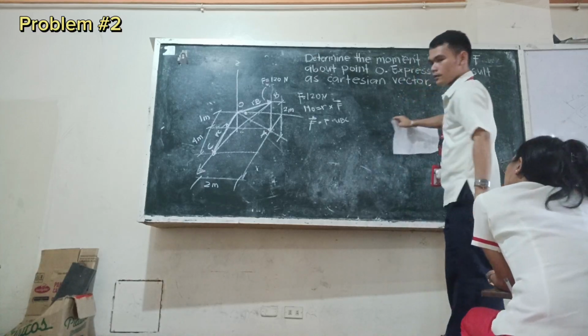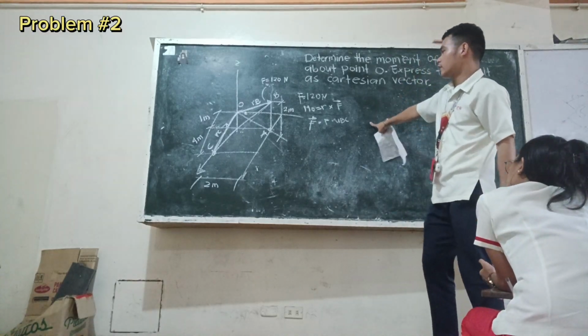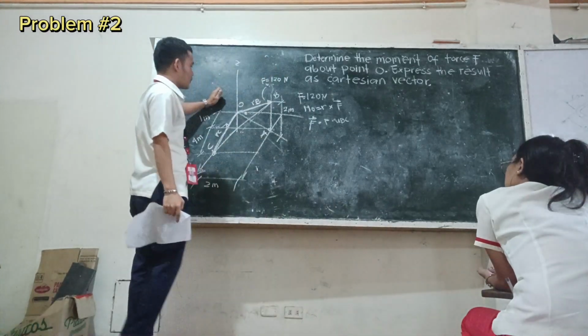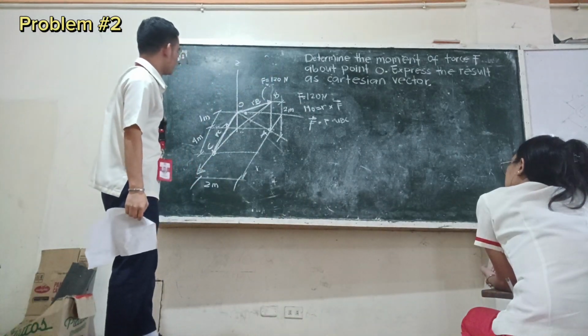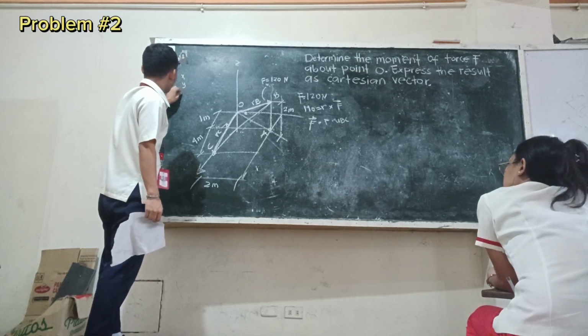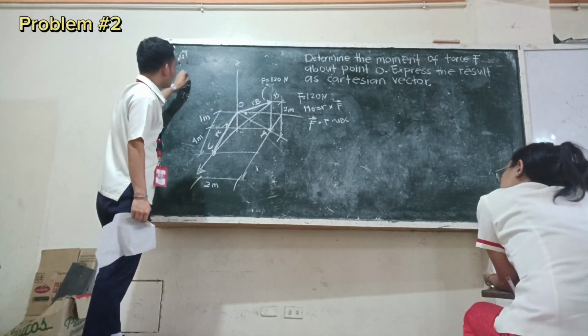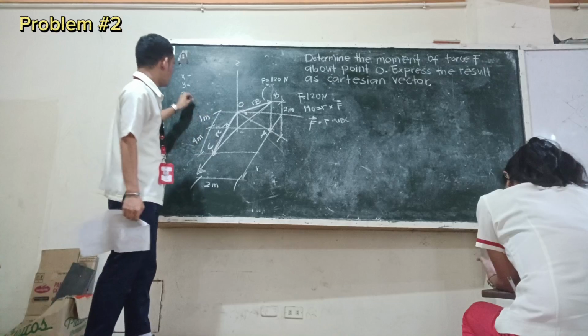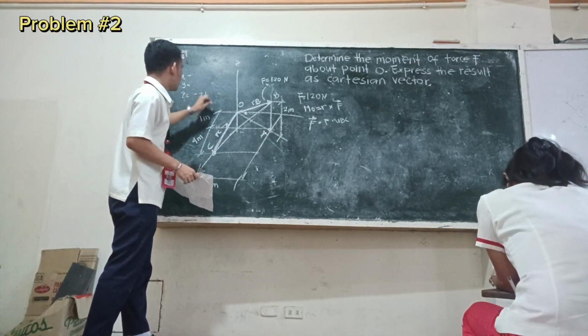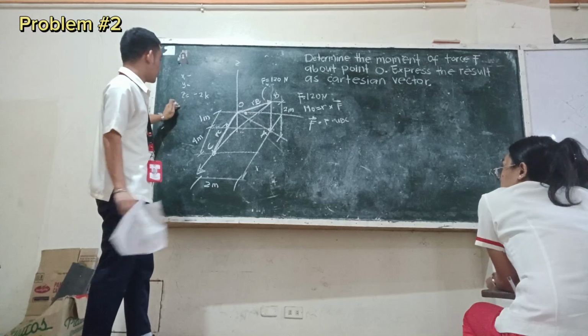Before anything else, based on the given free body diagram, we have to identify the value of each component: X, Y, and Z. The value of Z is negative 2k, negative since its direction is going down.